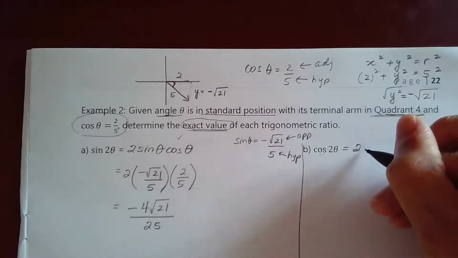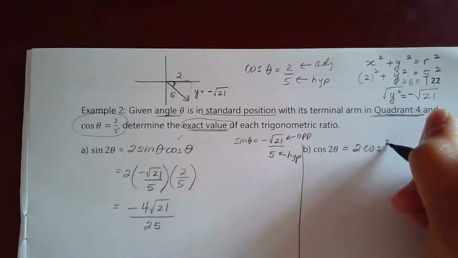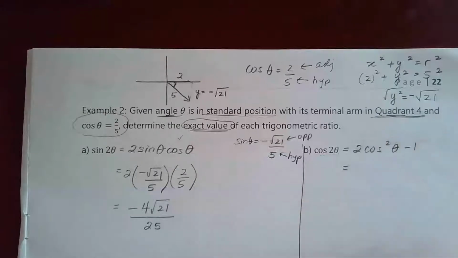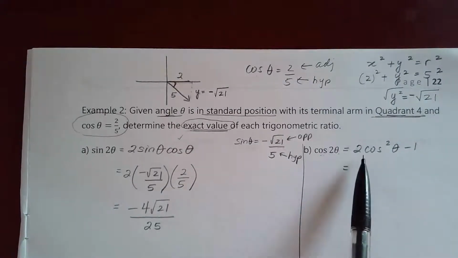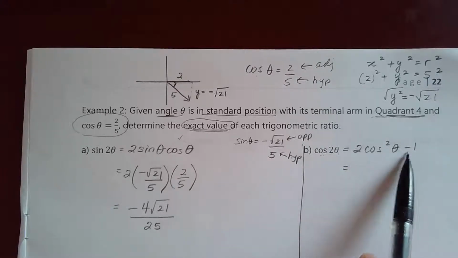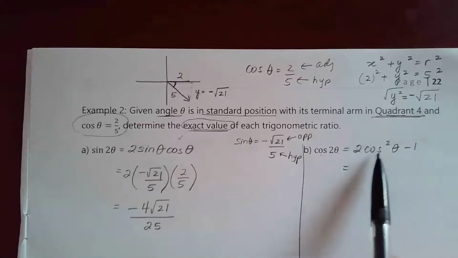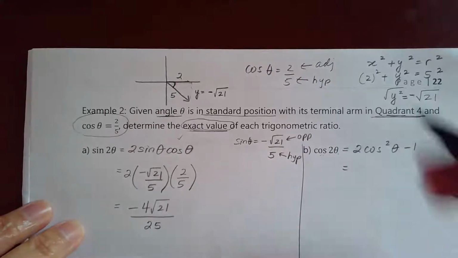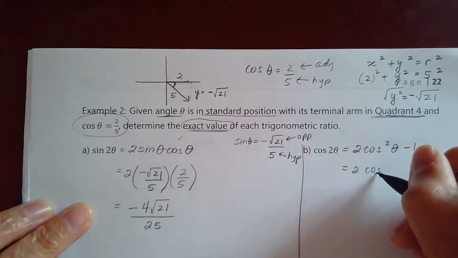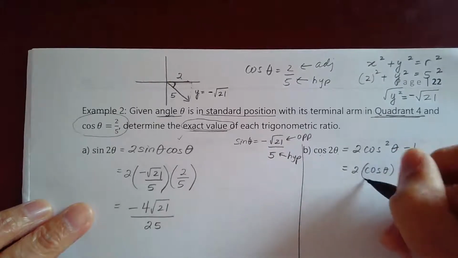So 2 cos squared theta minus 1. Okay, so what does that equal to? 2 times cos squared of theta minus 1. Well, cos squared of theta means 2 times cos theta squared.